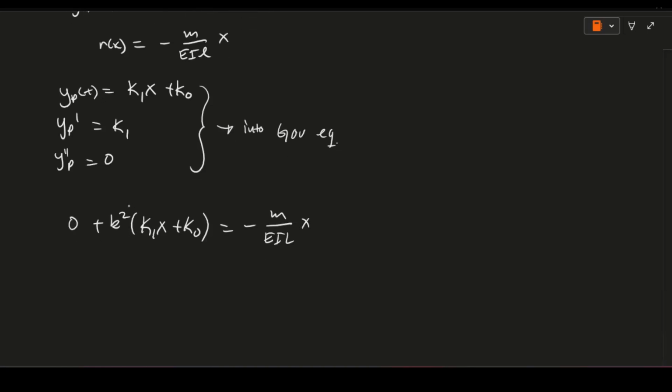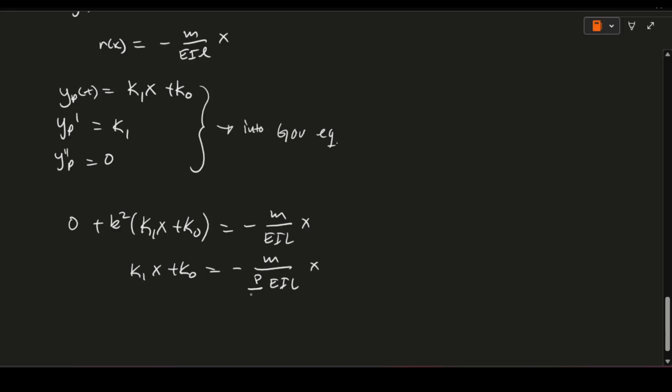If we divide by k squared, we get k1x plus k0 is equal to minus M over k squared EIL times x.